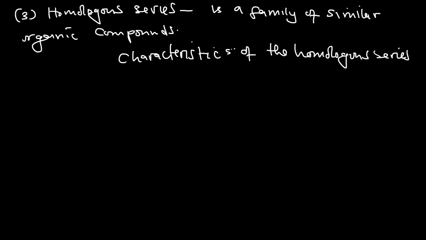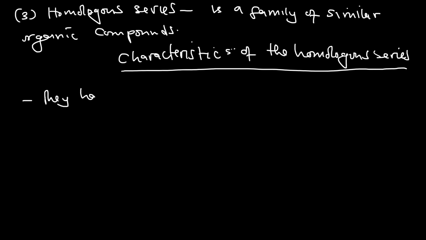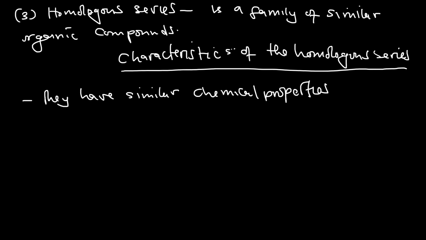What do compounds that are found in the same family have in common? One of them is that they have similar chemical properties. When you talk of chemical properties, we are just looking at the way they react. Those that are found in the same family react the same.